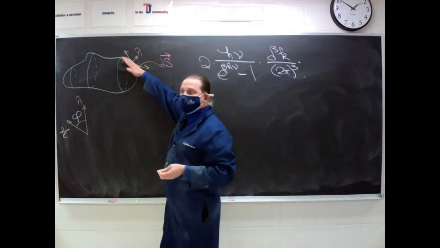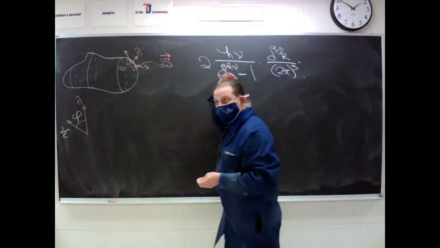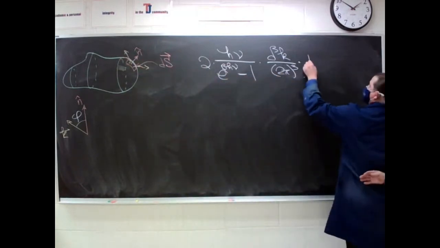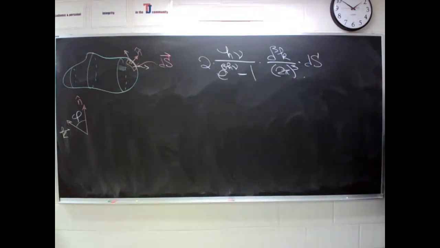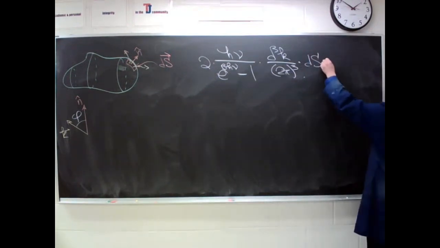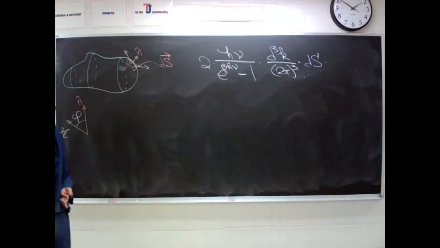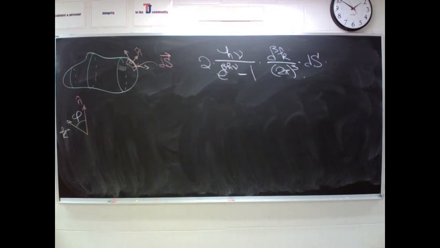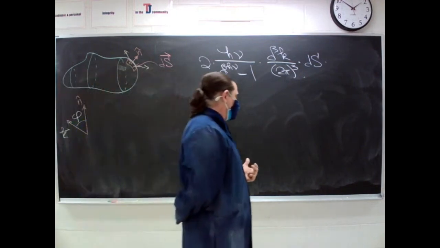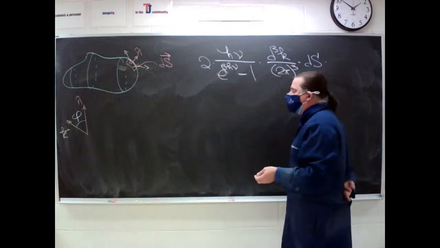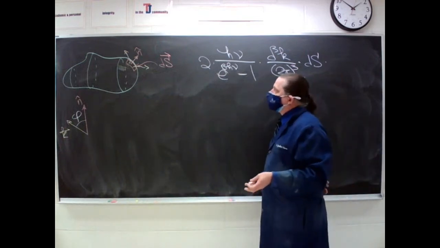Well, I'm going to have this dS vector, that's the surface area. And then I want the light to be close enough to get out in a short amount of time, delta t. So how close does it have to be?